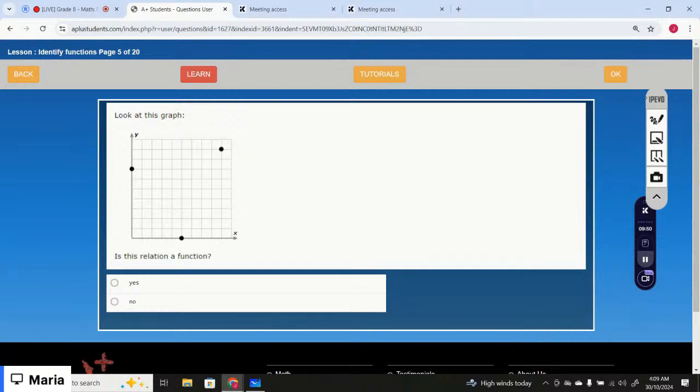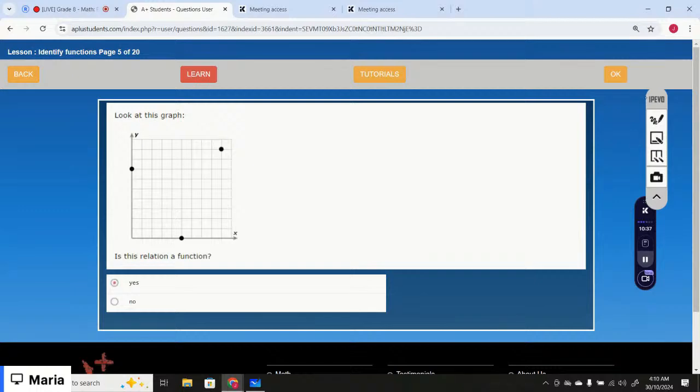Look at this graph. Is this relation a function? The correct option is yes, that is a function.